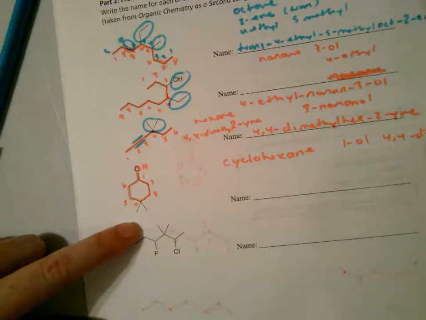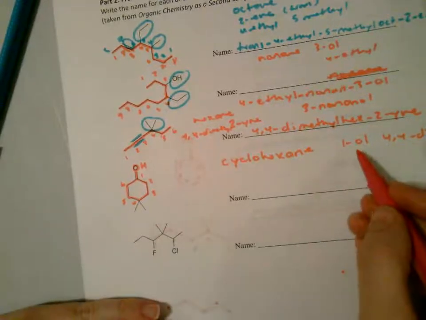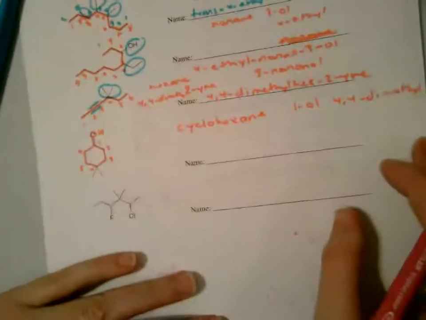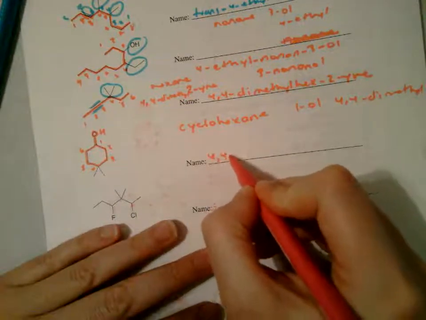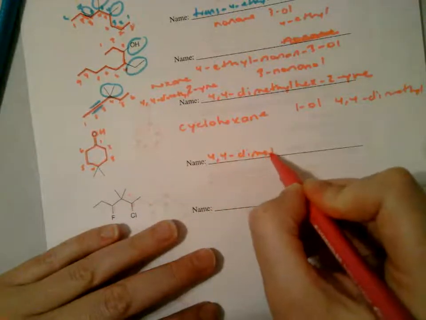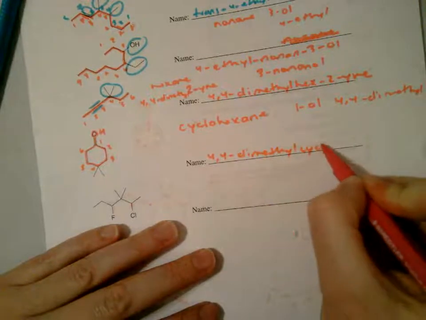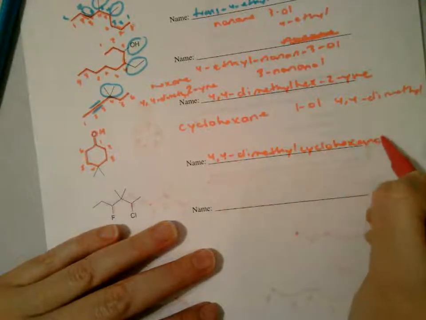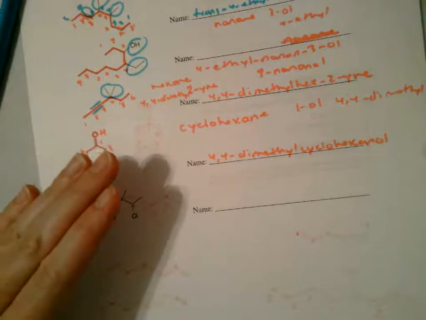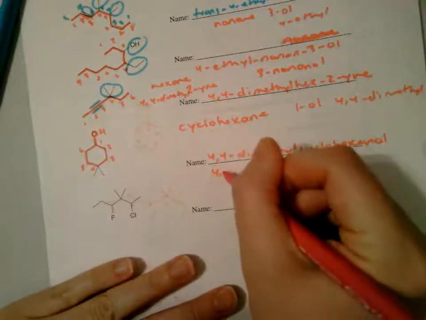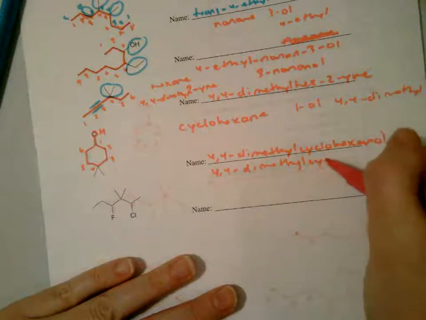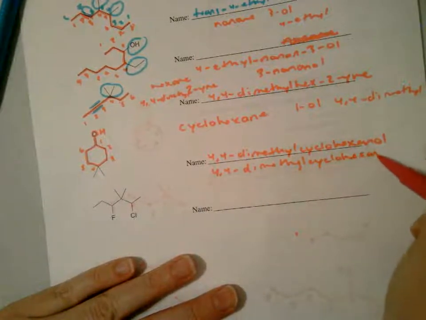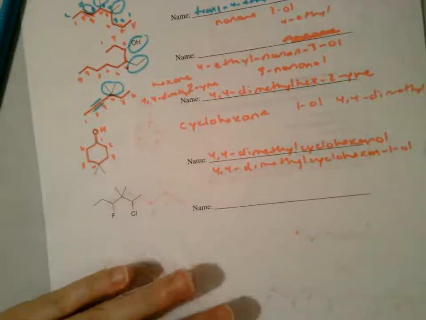So technically, I think with this weird cyclohexane rule, you don't have to put that 1-ol, but I do. It'd be 4,4-dimethylcyclohexanol should be like the actual proper answer. But if you did this, I probably won't count off because it's kind of just a weird rule. But some professors might, so don't just do what I do if I'm not your professor.